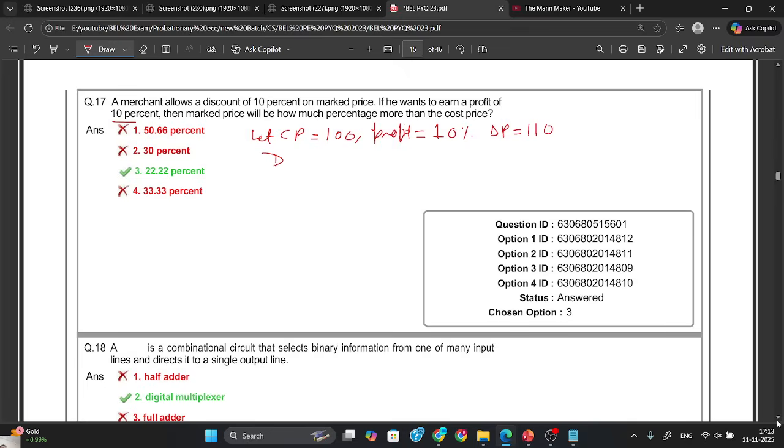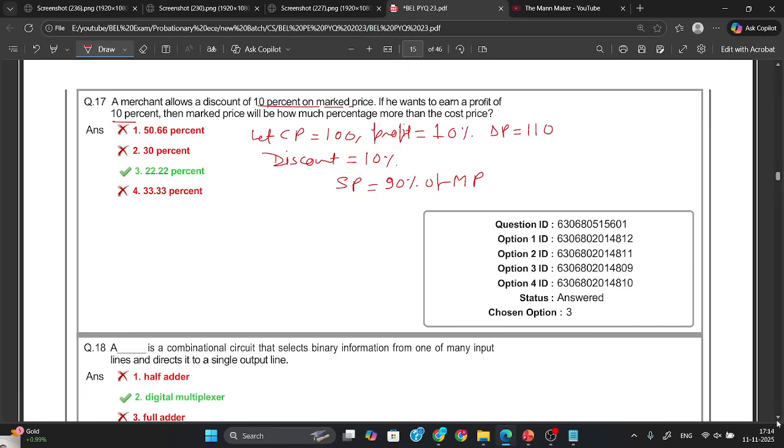Now the discount is given as 10% on market price, so we can say the selling price is 90% of market price. Because the discount is 10% on the market price, the selling price will be 90% of market price.